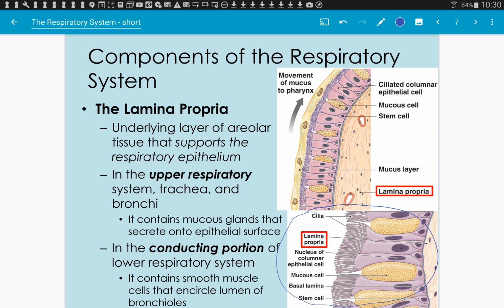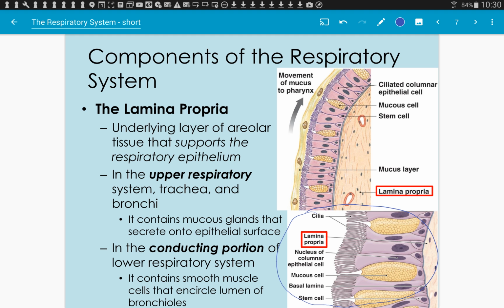Moving to the conducting, still in the conducting portion, in the lower part of the respiratory system, so within the lungs, you also have smooth muscle underlying the conducting portion. So smooth muscle that's surrounding those bronchioles. And smooth muscle, it's not a bad thing, but for example, something that could happen is, say you have asthma.